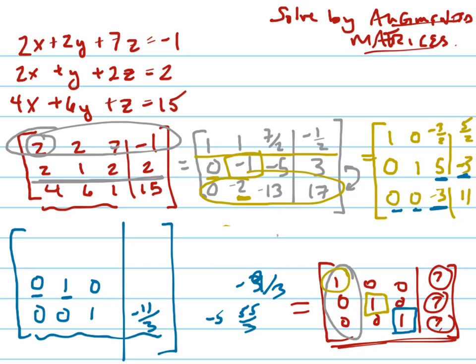So 55 thirds minus 9 thirds, that's what, 46 thirds? Can I reduce that? 46 thirds. Does that reduce? No, that doesn't reduce, so that's the answer for that.